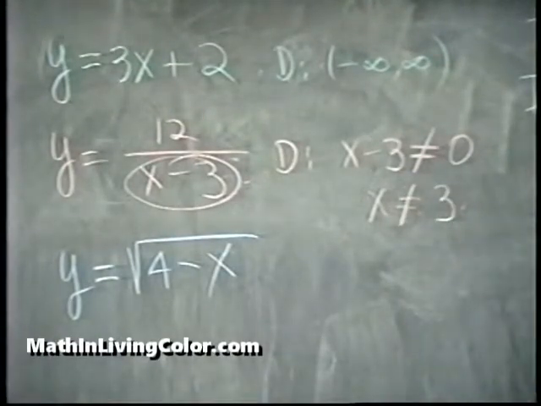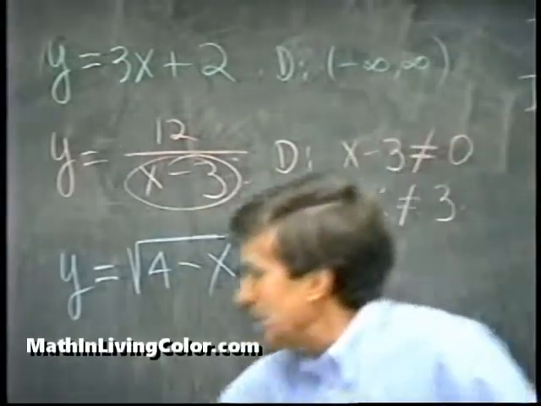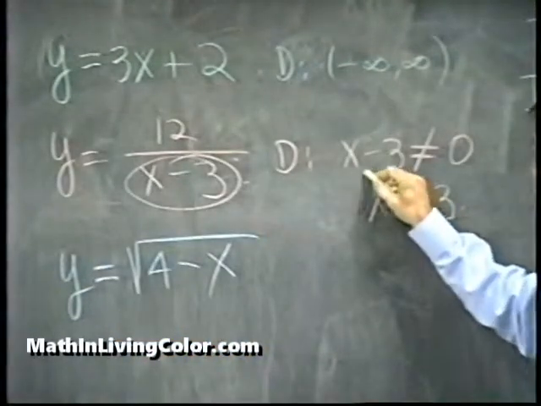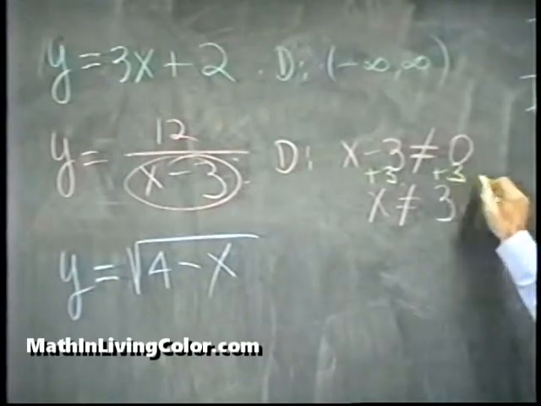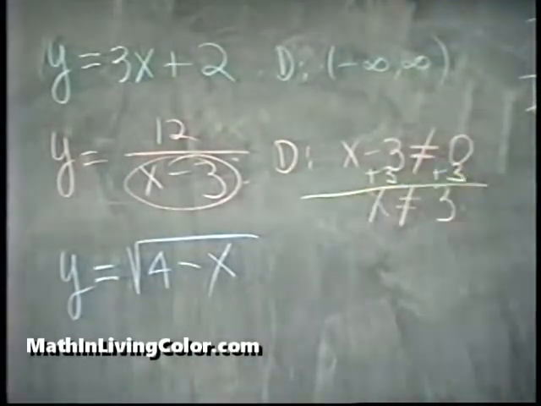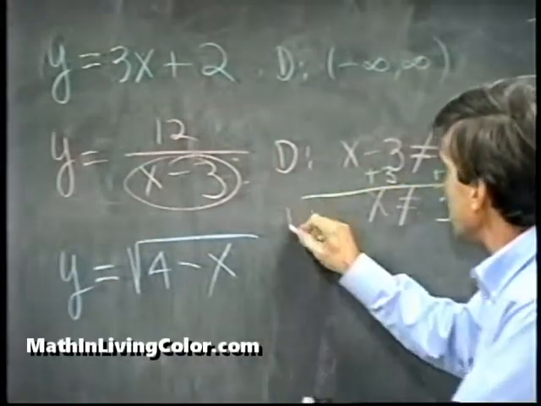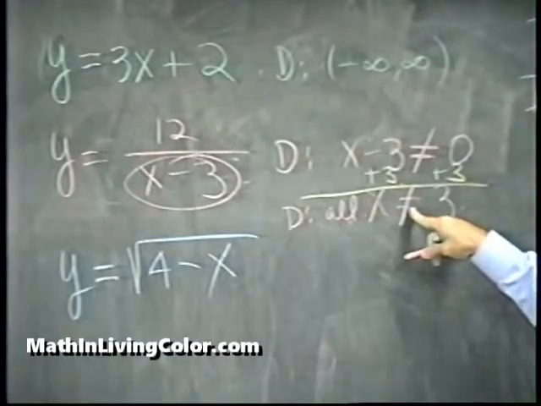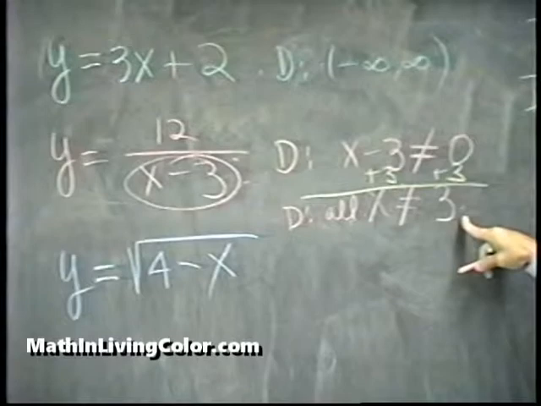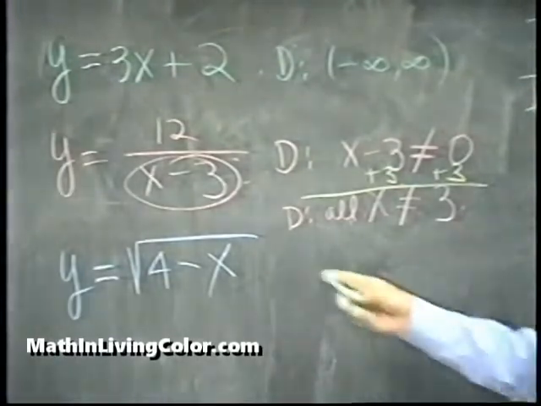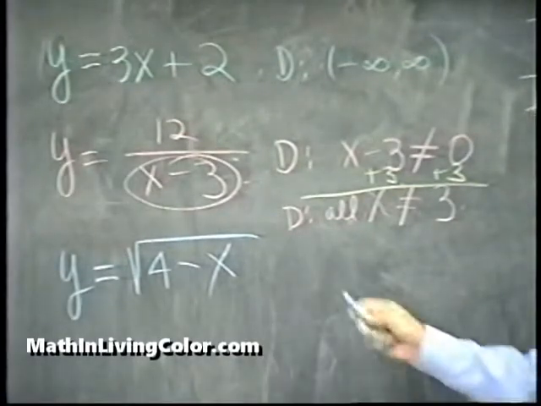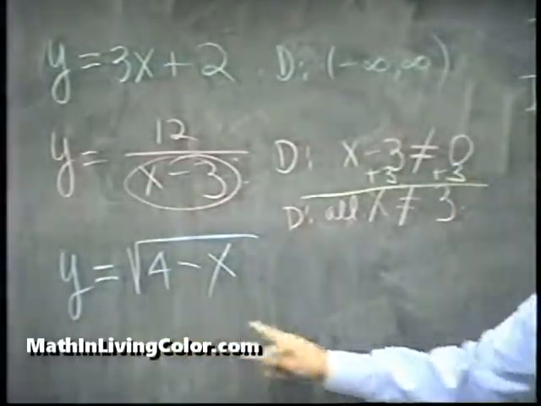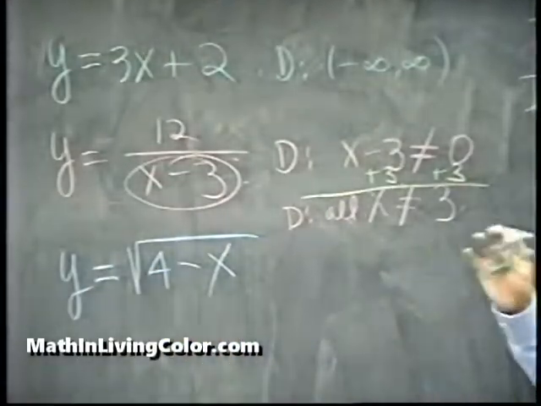In other words, all I did there, I just added 3 to both sides of the inequality. I said add 3 to both sides, and that would give you x cannot equal 3. For the domain, we might write this here: all real x not equal to 3. All values except 3. Okay, how about the third problem here? The third problem involves a radical. So what do we know about radicals?